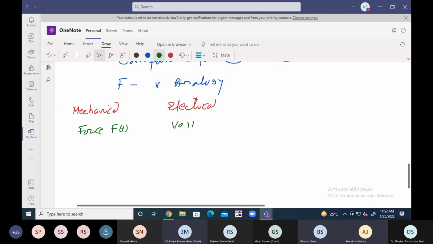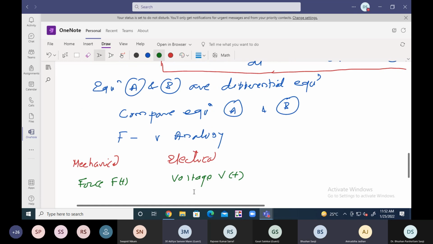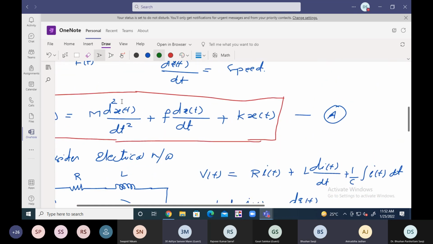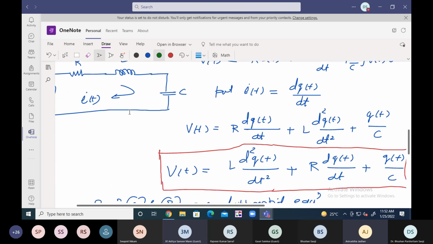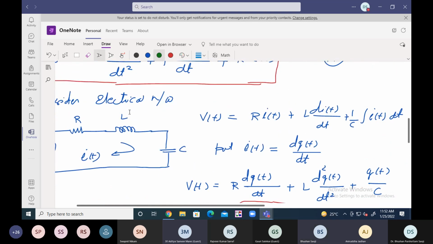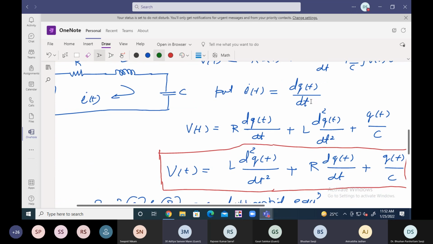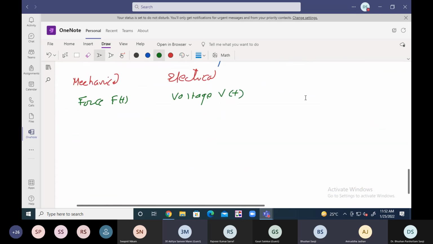Here is the equivalent term, that is V of t. Now see here, there is a displacement, that is x of t, and here there is a charge, that is q of t.